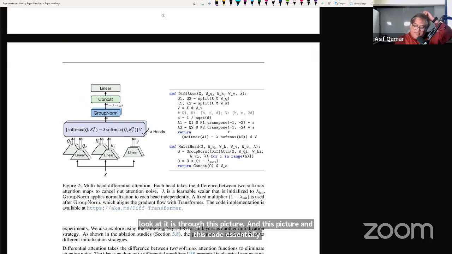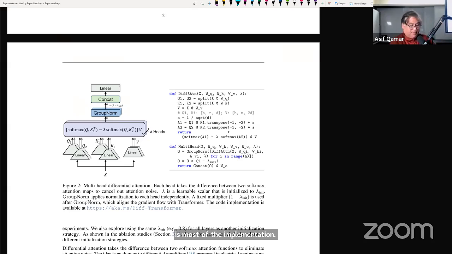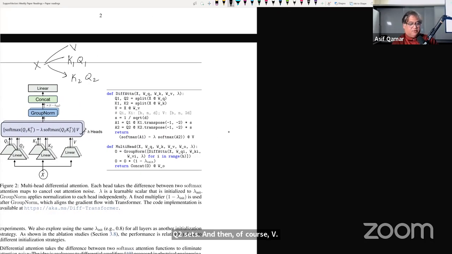So what they are doing is, an input X, instead of just producing one set of key and query pairs, produces two sets of key and query pairs. So X goes in, K1, Q1, and K2, Q2 sets, and then of course V, right? So what it means is that you are doing something like this.